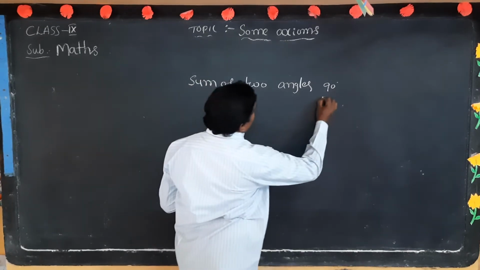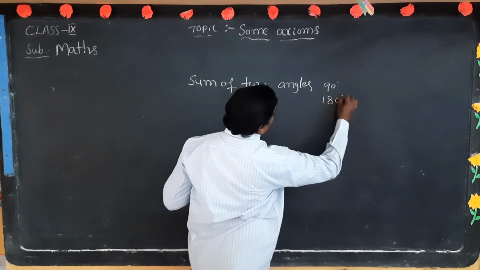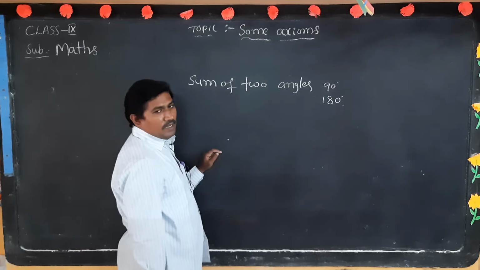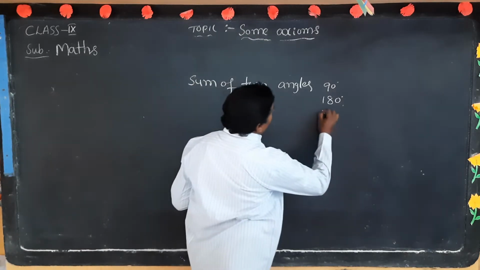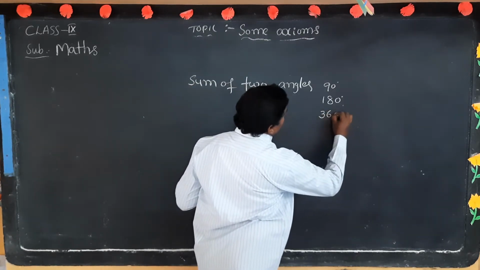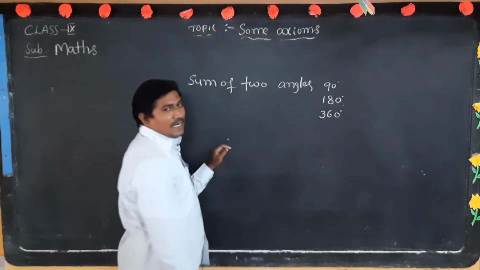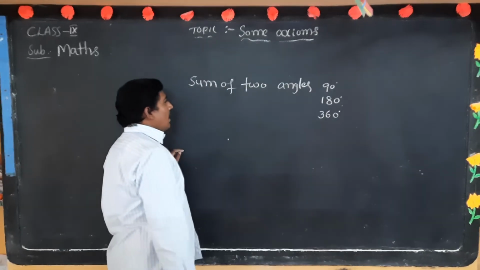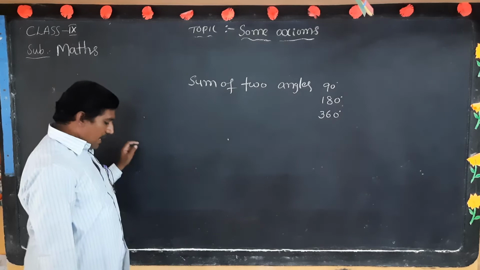If the sum of two angles is 180 degrees, we call them supplementary angles. If the sum of two angles is 360 degrees, we call them conjugate angles. Okay, and after that, linear pair angles.